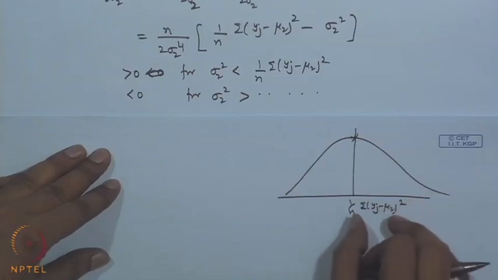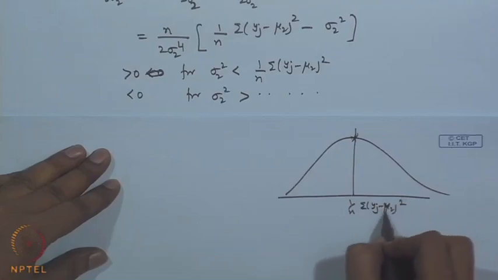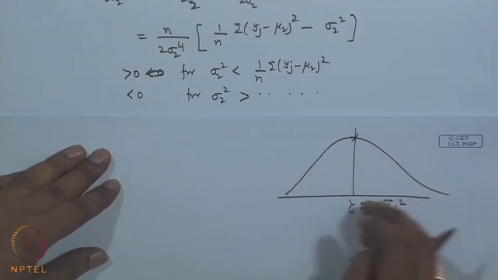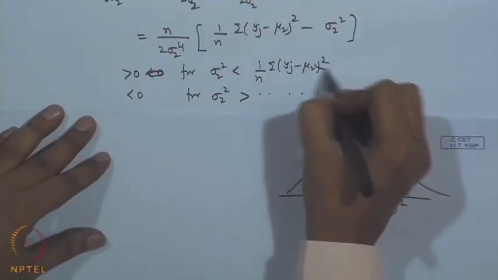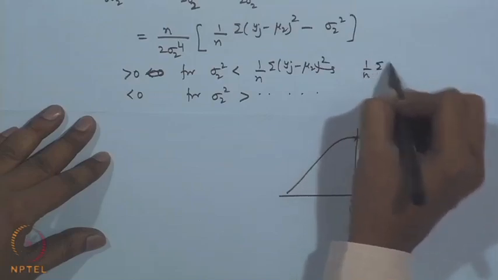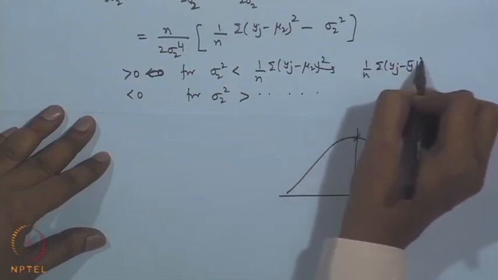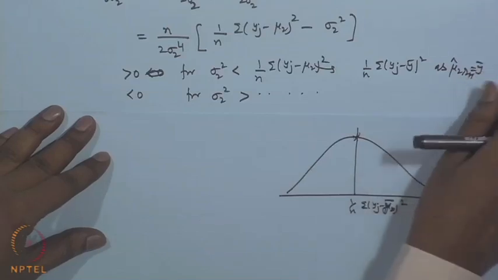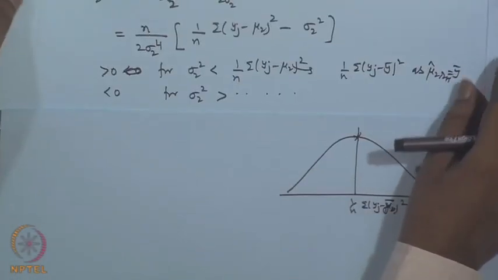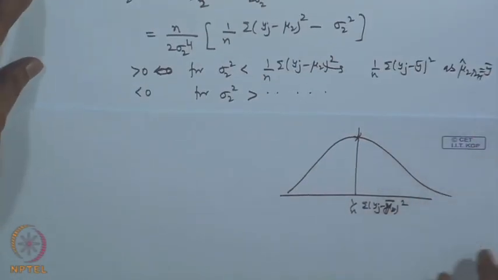Now, this quantity 1 by n sigma y j minus mu 2 square is occurring at y bar, because I have substituted mu 2 head omega h equal to y bar. So, here I can put mu 2 as y bar.